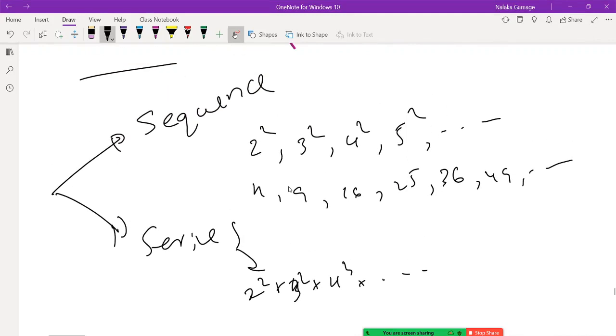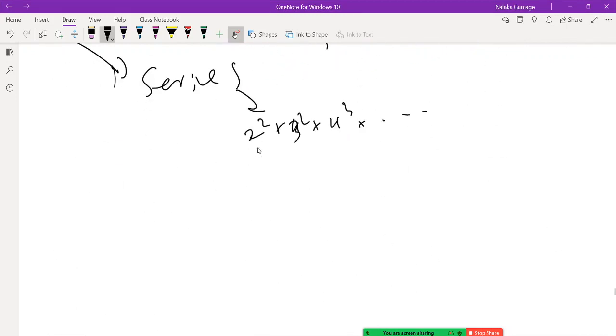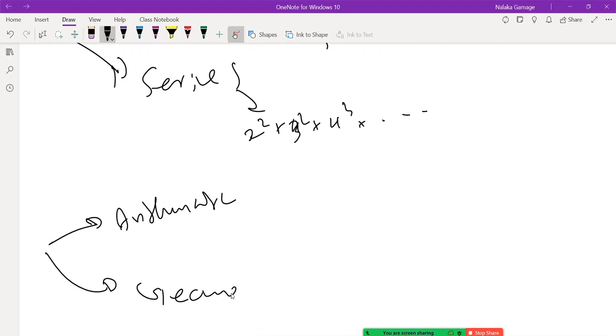Then we discussed two special sequences and series that you have learned in your O-level as well: arithmetic sequence and series, and geometric sequence and series. We discussed what the Tn value is and what the Sn value is, for both.